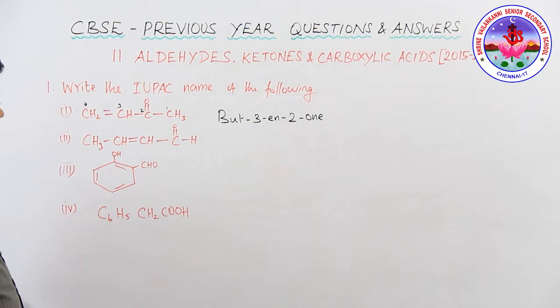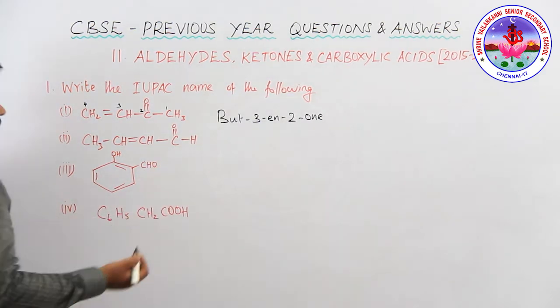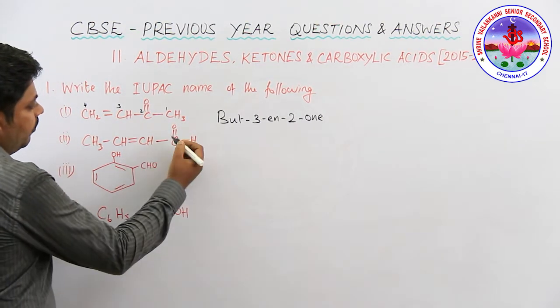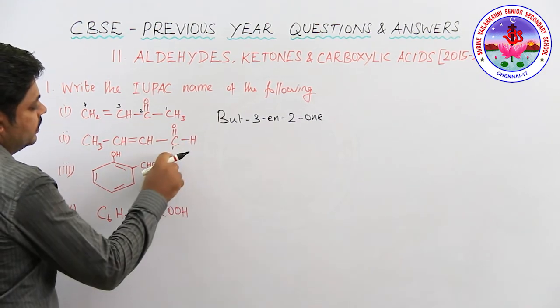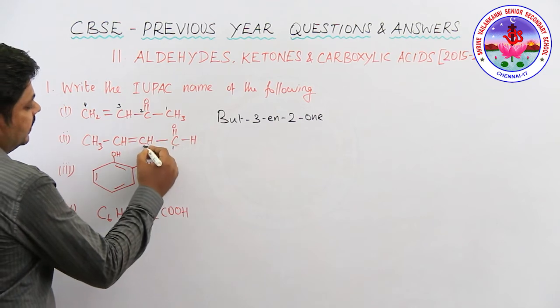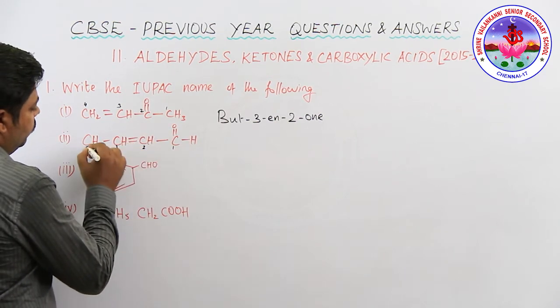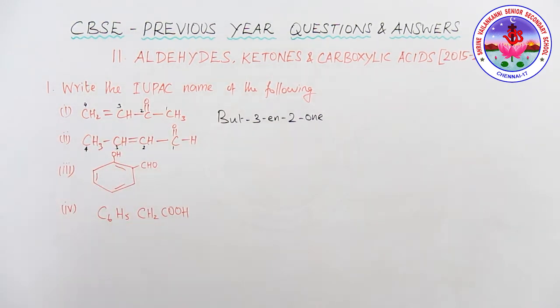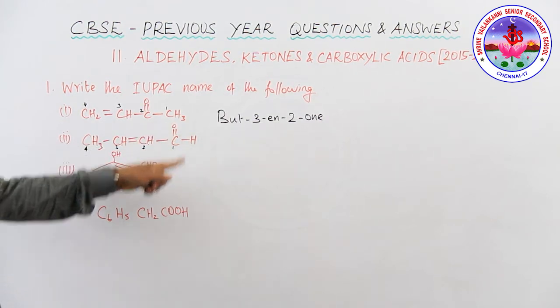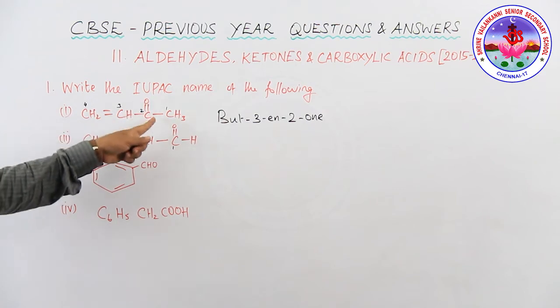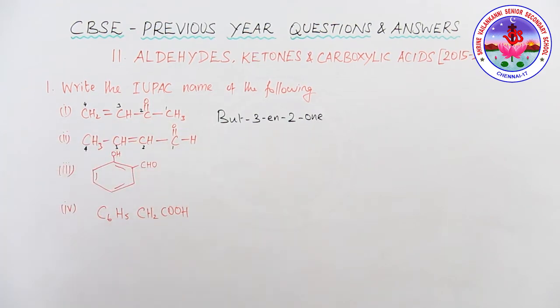Then look at the second one. This is an aldehyde compound, so it gets the priority for the carbon numbering. The C double bond OH carbon is carbon number 1, then second, third, fourth. Here also the word root is but. The second position has the double bond, and the first position is an aldehyde. The first compound was a ketone, and the second case is an aldehyde.